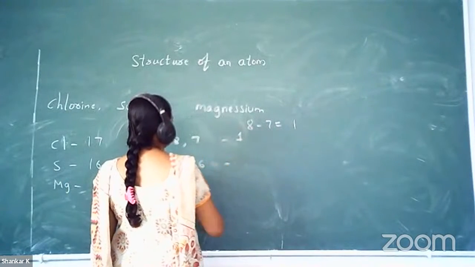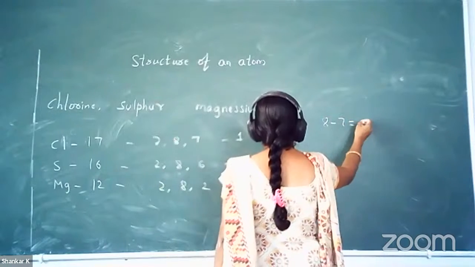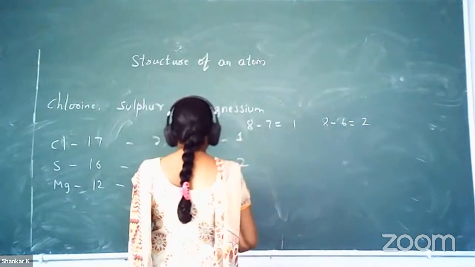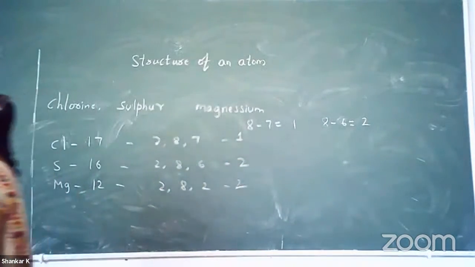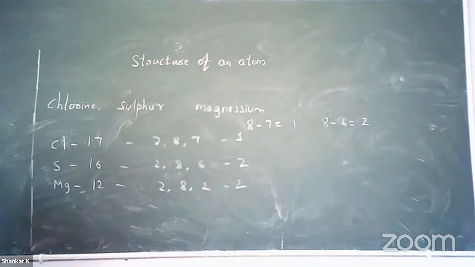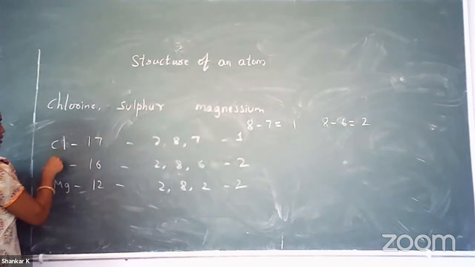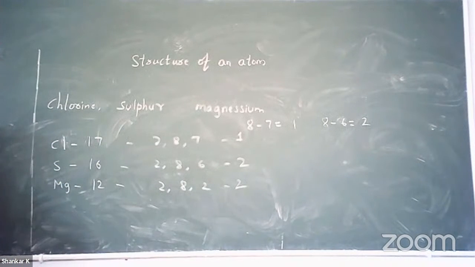And here 6 is there, so 8 minus 6 is equal to 2. This 2 is the valency number. Here 2 only is there. These are the valencies of chlorine, sulfur and magnesium. Chlorine valency is 1, sulfur is 2, magnesium is 2. Understood?